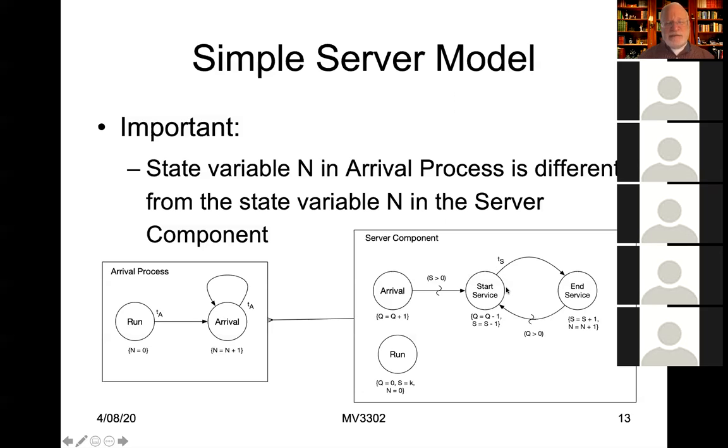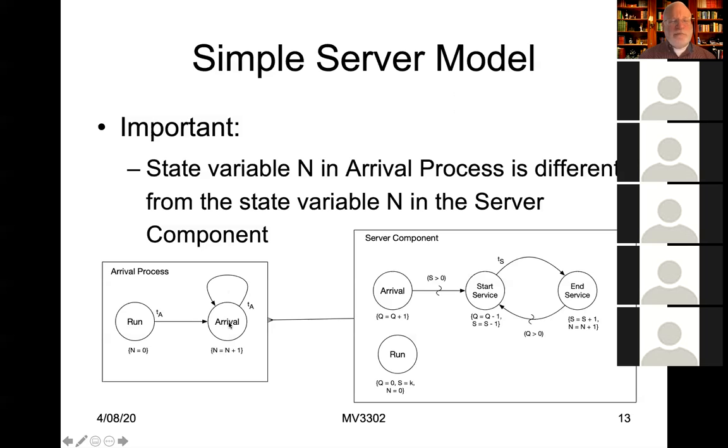Now, as the simulation progresses, events from both the server component and the arrival process are being put on the event list and being processed according to exactly the same rules, whichever one comes first. The difference is that whenever an event scheduled by the arrival process occurs, it gets sent back to the arrival process.